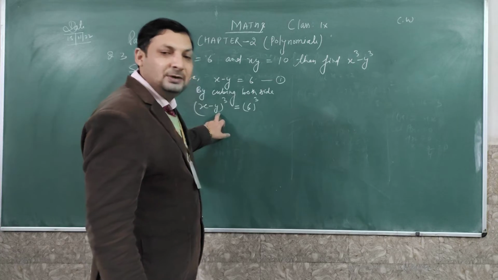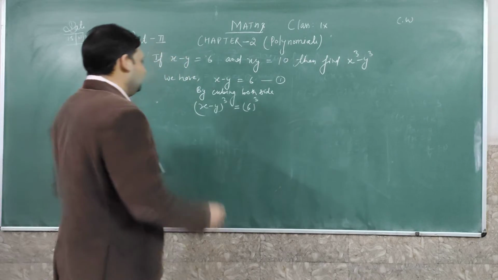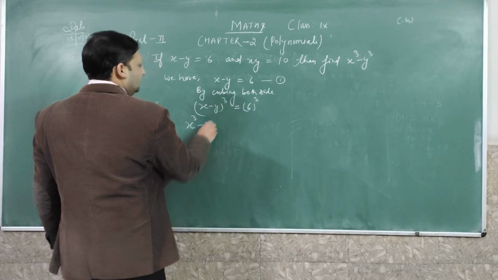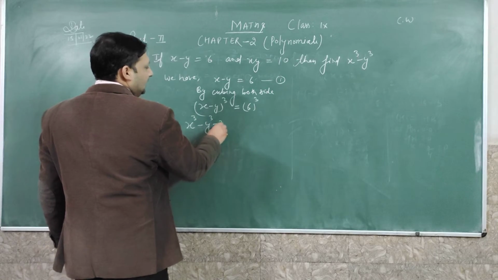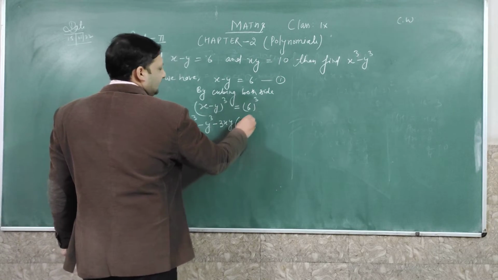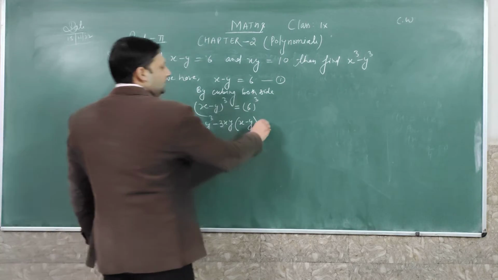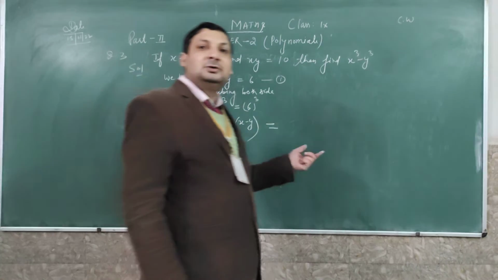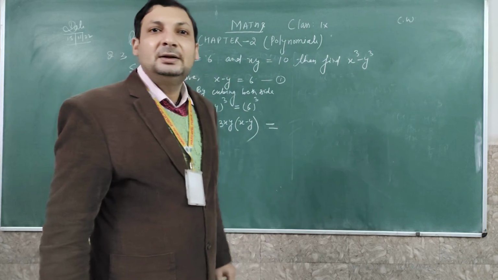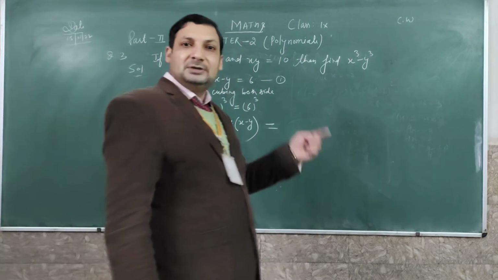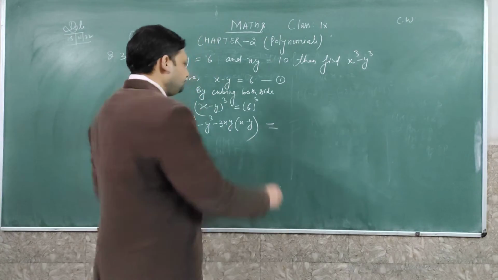A means x, b means y. So I will use the formula: a cube, x cube, minus y cube, minus 3ab, with a minus b being x minus y. When I solve this side, 6 cube means 6 times 6 is 36, and 36 times 6 is 216.